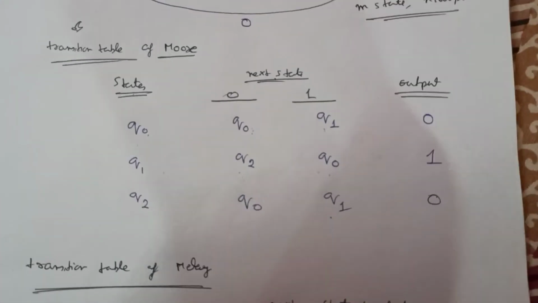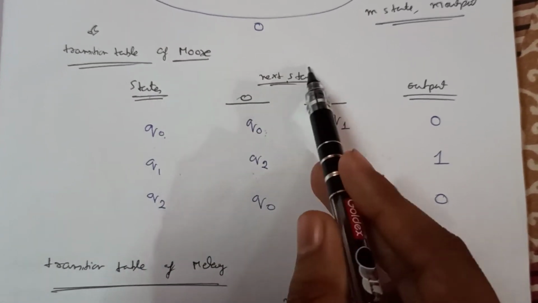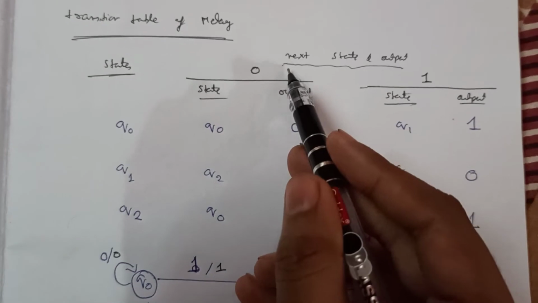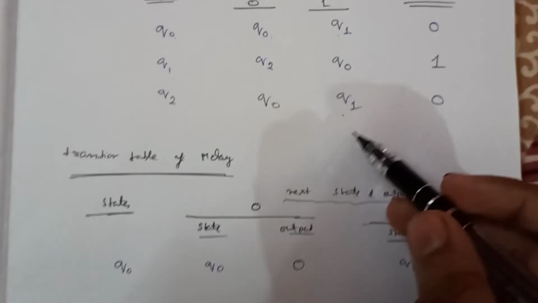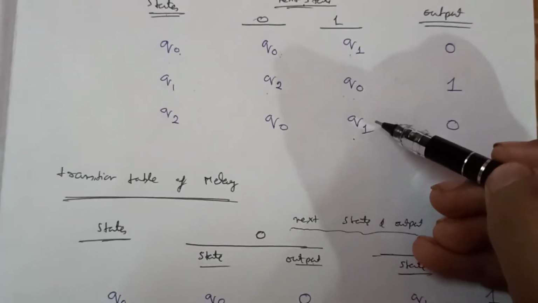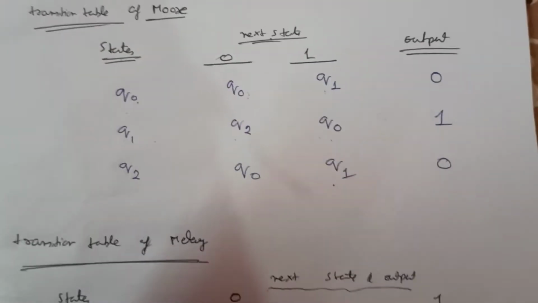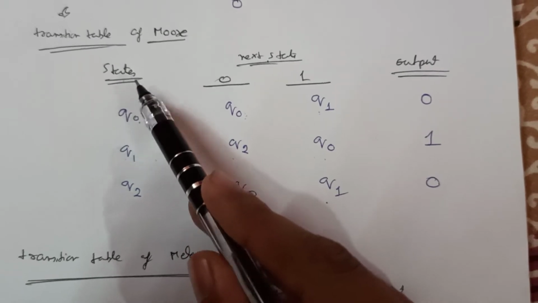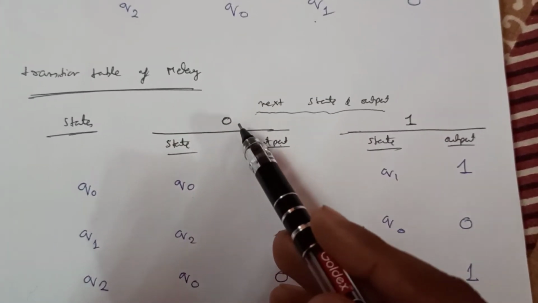In our previous transition table, for Q0 the next state for 0 was Q0. So I will just write it similarly: Q0, Q2, Q0 for 0, and Q1, Q0, Q1 for 1. But here our output was depending on our present state, whereas now our output is depending on the input.